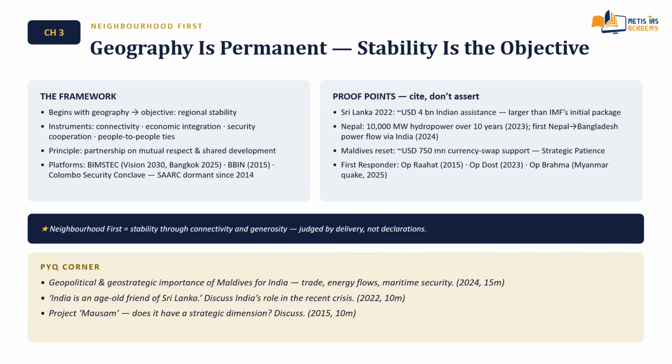Therefore, foreign policy and economic policy are becoming increasingly interconnected. Throughout this marathon, you will repeatedly observe this relationship. Another important objective of India's foreign policy is to contribute to a stable, multipolar, and rules-based international order.